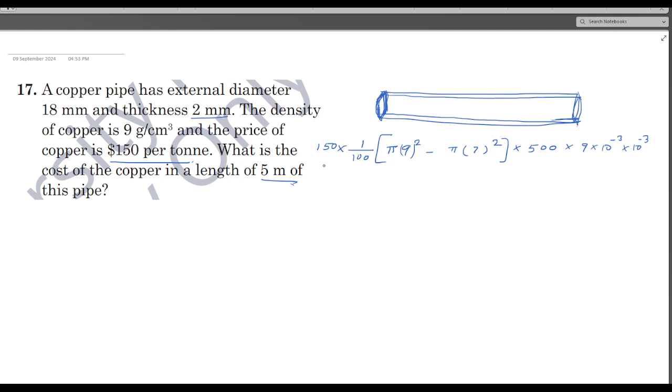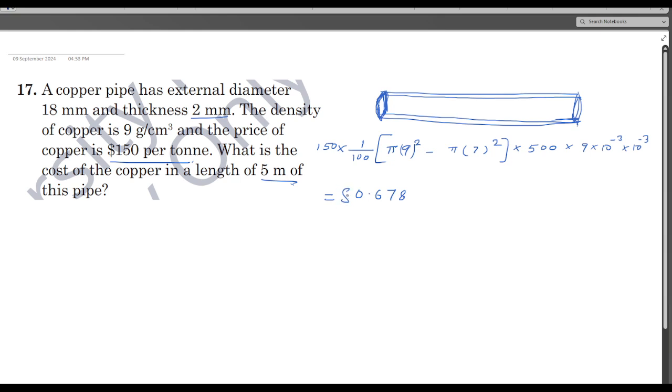So 10 power minus 3 into 10 power minus 3 is 10 power minus 6. So this gives you the result, the cost of the copper pipe, as 0.678.